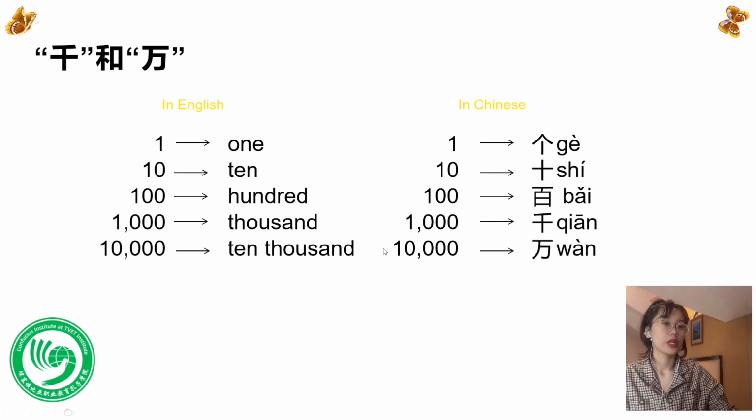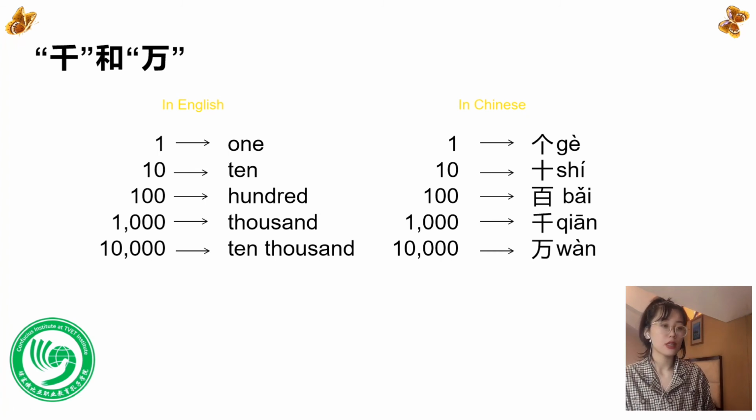For example, you can see the first one. We start from one. One in Chinese is 一, but the counting unit actually is 个. For example, one apple in Chinese is 一个苹果. Very good. And 10 is 十. 20 is 二十.